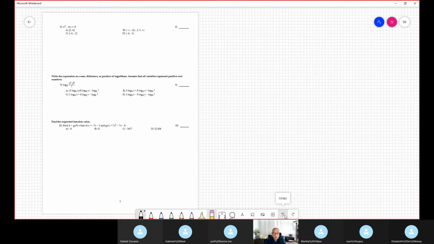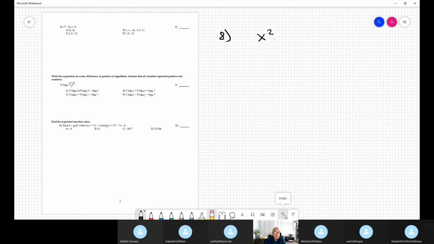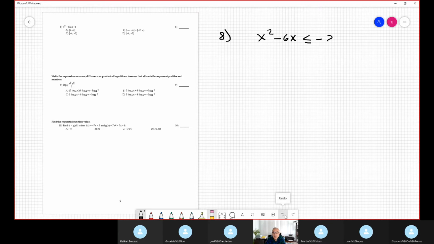Okay, so number 8 now. It is x squared minus 6x less than or equal to minus 8. This is a classical polynomial inequality. Remember, for solving any problem like this, you put the right hand side 0. Important. This 0 is super important. Now factorization. This trinomial.